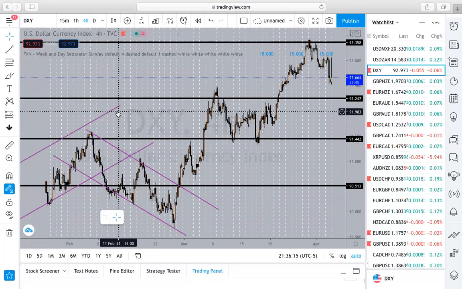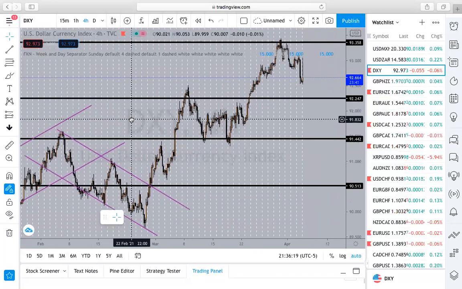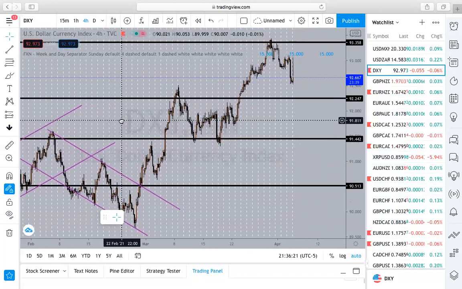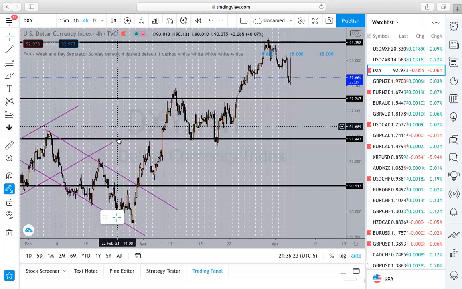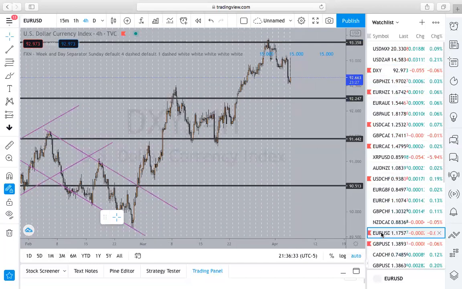So how can you use this? Another thing to remember, a lot of people might not be aware of this, but the USD currency index and the Euro USD are inverse. So let's look at the Euro USD.